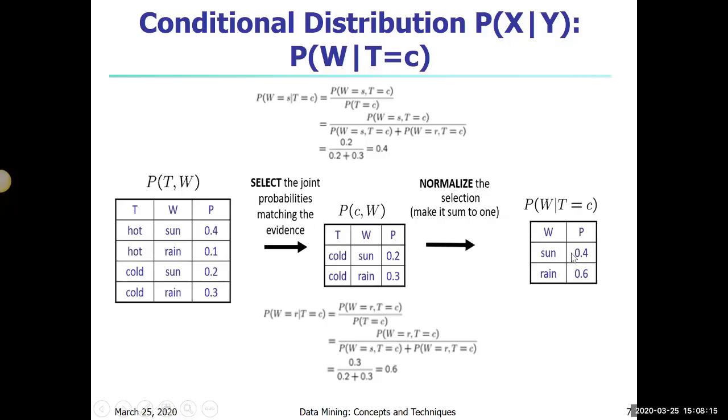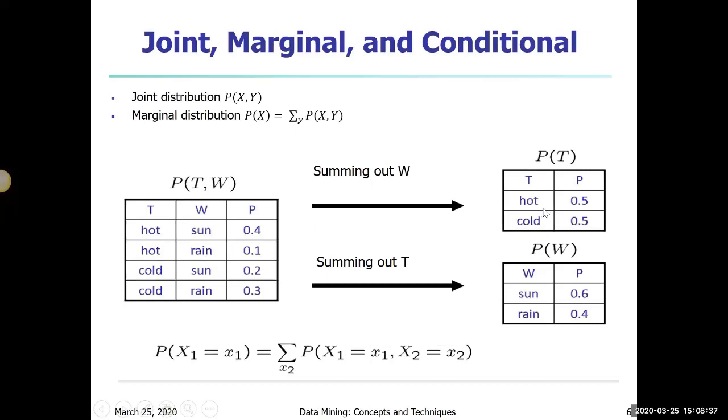After we normalize, we have sun with probability 0.4 and rain with probability 0.6. So this is how we find the conditional distribution from the joint distribution. What you see here is that when you have the joint distribution, you can find any conditional distribution, and you can find any marginal distribution. Okay, those are the key points.